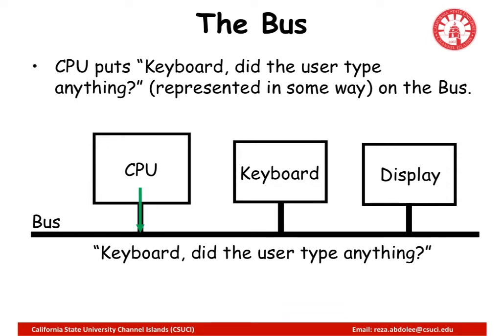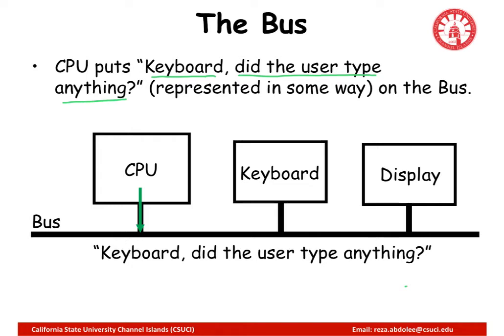The first thing that the CPU does to do this task is to create a message and send that message over the bus. The message consists of two things. The first thing is the destination or the receiver that it would like to communicate with. And the second part is the question or the request that it has.